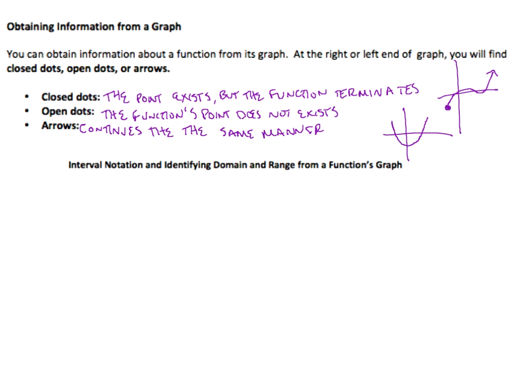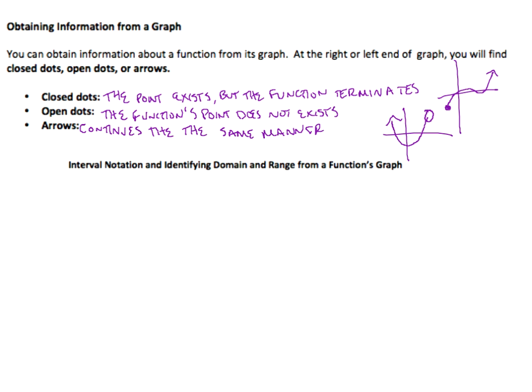We'll put an open dot there, and I'll put an arrow here. This means this function exists all the way up until the open dot. I tried to put an x value in, but got no y value out, and it ends right there.